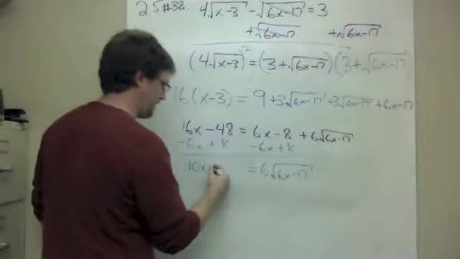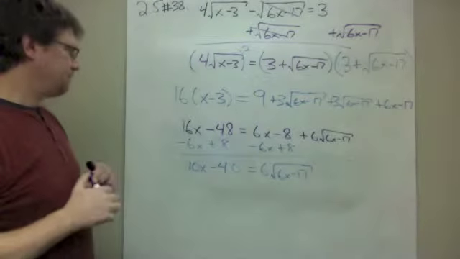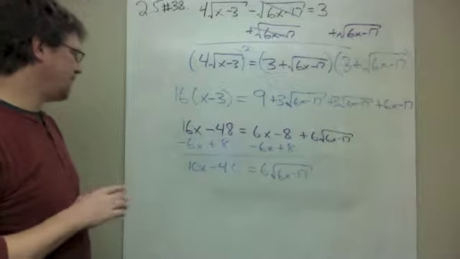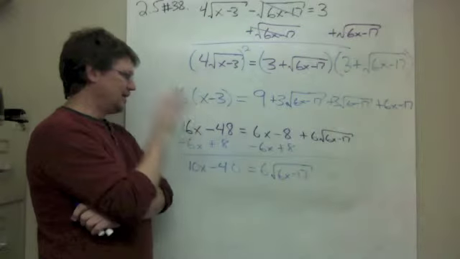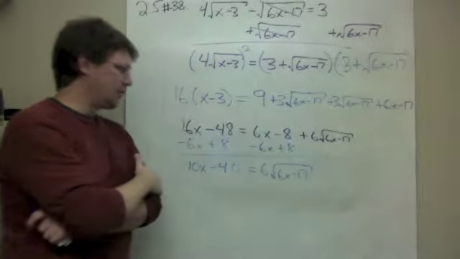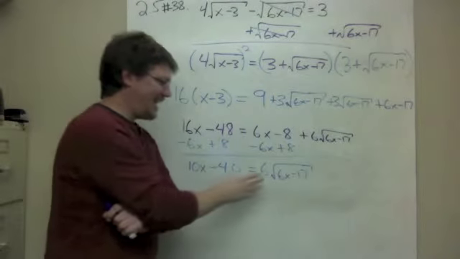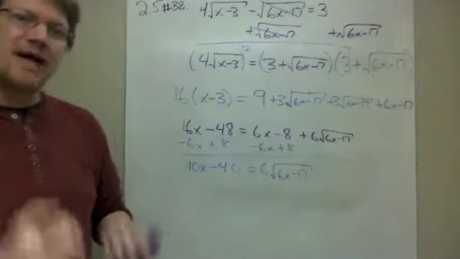Minus 48 plus 8 is minus 40. Okay. I might be able to simplify things a little bit. I see that everything's even and I can pull a 2 out, but let's set that aside for the moment. Okay. Now if I square this side and square this side, I'll be able to finally get rid of my square root and I'll have access to my x values.